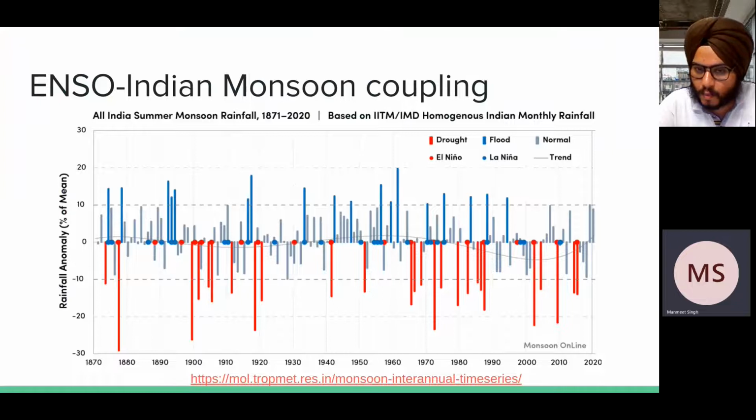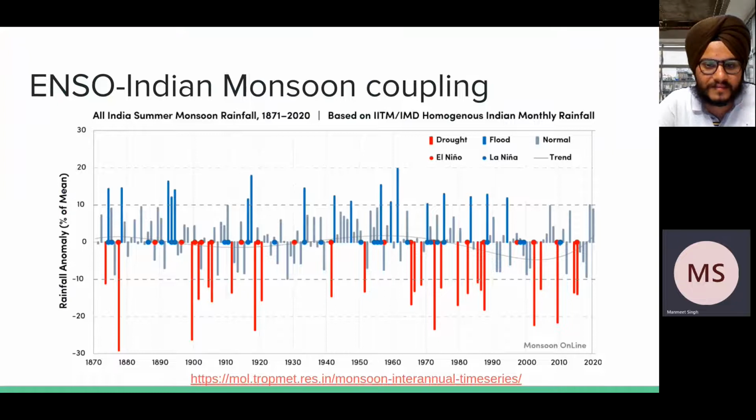Now, why the ENSO and Indian monsoon coupling is important: first of all, monsoons are important because they drive the water resources and the agriculture of the South Asian region, feeding the 2 billion inhabitants over the region.